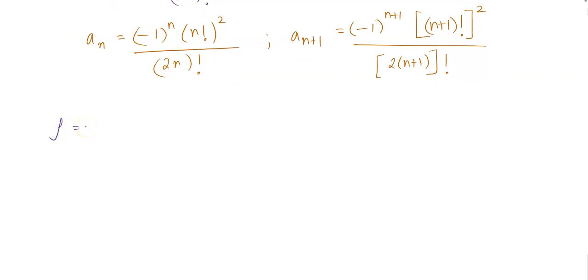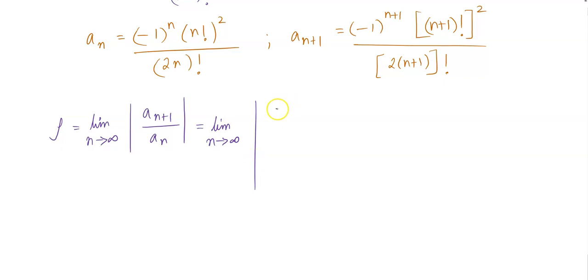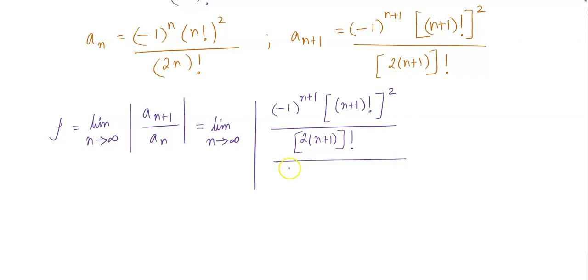This is going to need a lot of space because we now have a huge expression. So let's start here from the leftmost end. Rho says that its limit, absolute value of a n plus 1 over a n, as n approaches infinity, is the setup. And so let's write this huge expression for a n plus 1 over a n.